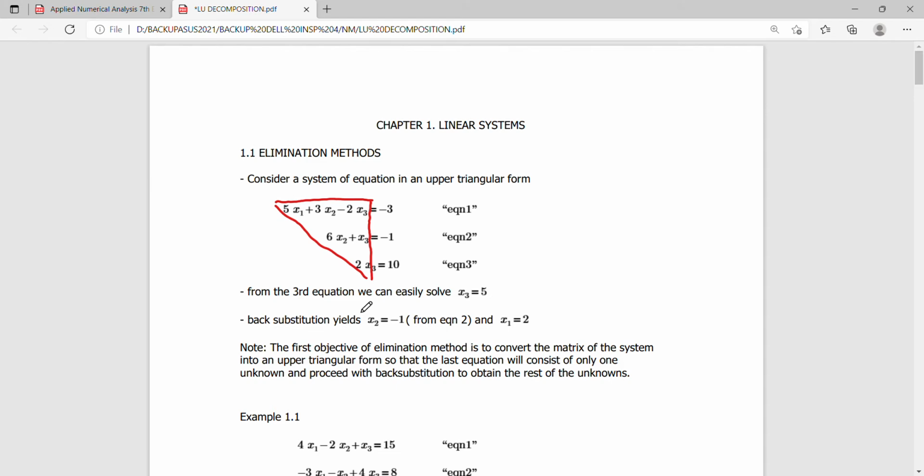So we can easily solve the value of the last unknown x3 using the third equation here, such that x3 will simply be equal to 5.